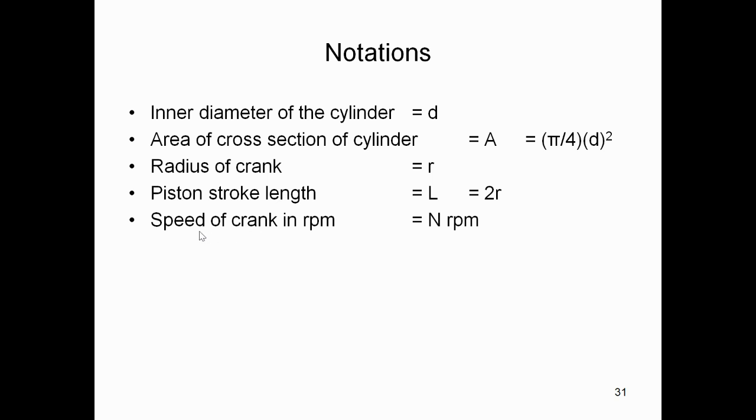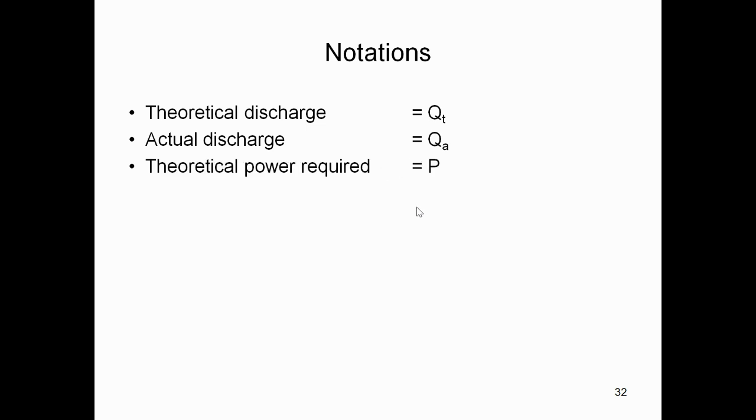Next, speed of crank in rpm is equal to N rpm. Theoretical discharge is equal to Qt. Actual discharge is equal to Qa.